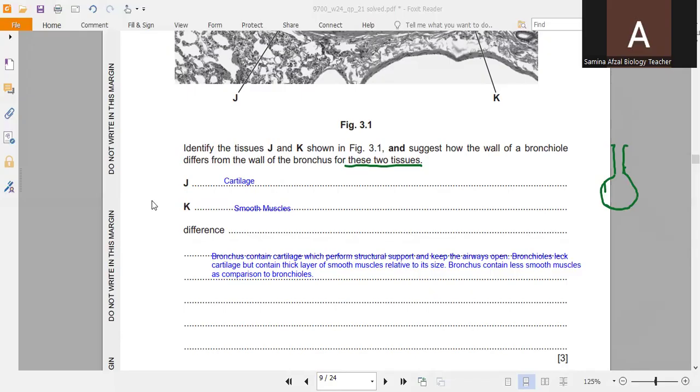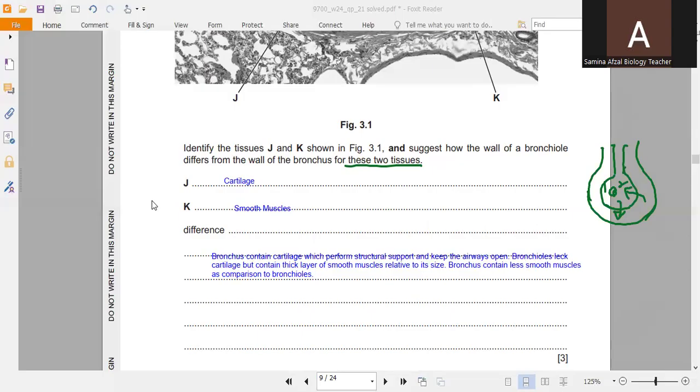Outside the alveolus, blood capillaries have a higher concentration of carbon dioxide compared to the alveolus, which has a higher concentration of oxygen. So oxygen enters the blood capillaries, and from the blood capillaries, carbon dioxide enters the exhaled air. So during this process of gas exchange, that is the difference we have to tell.